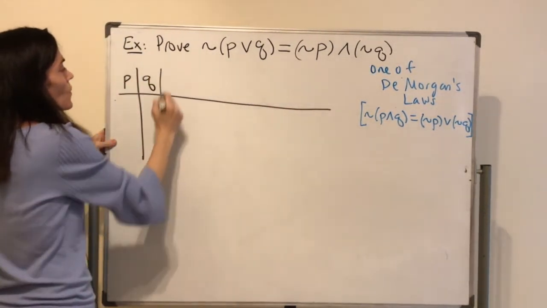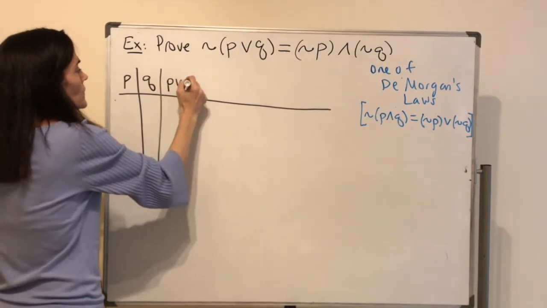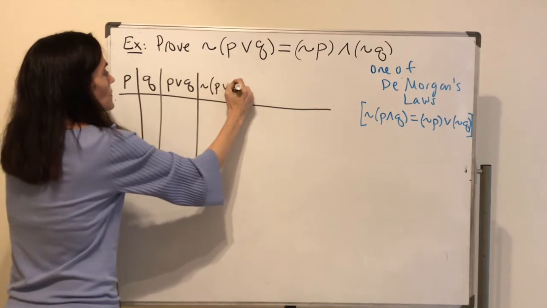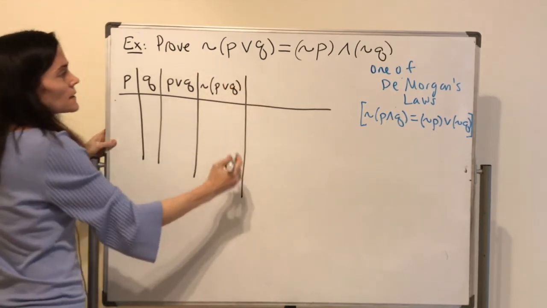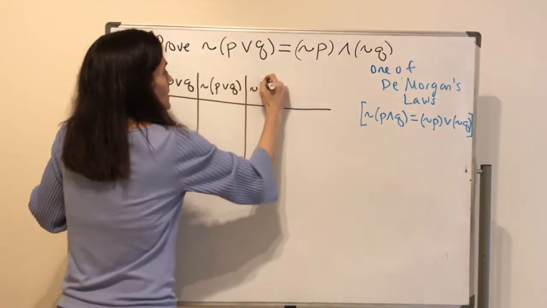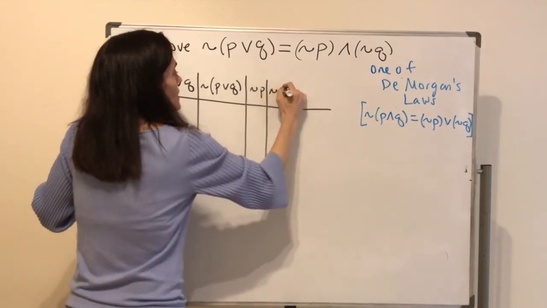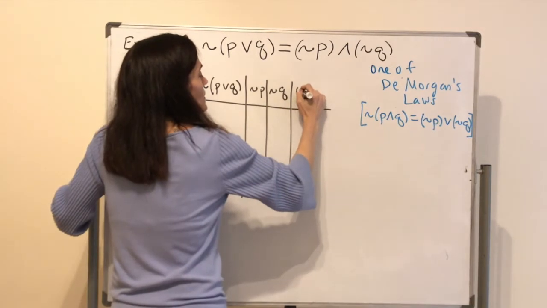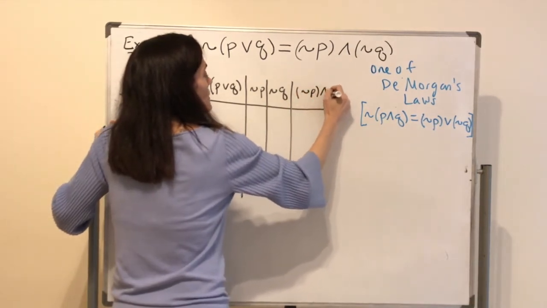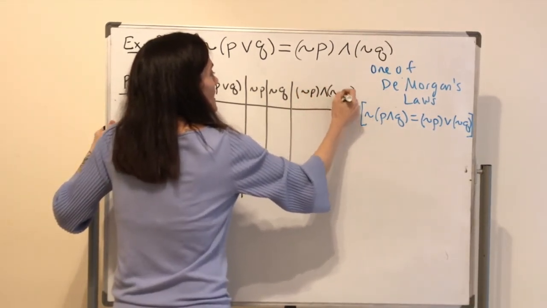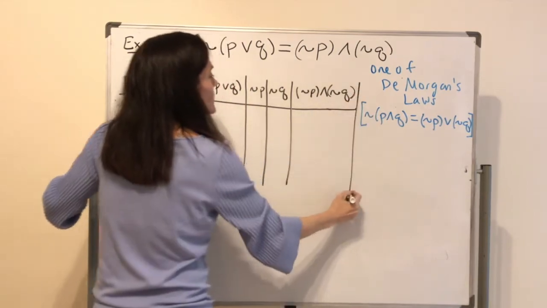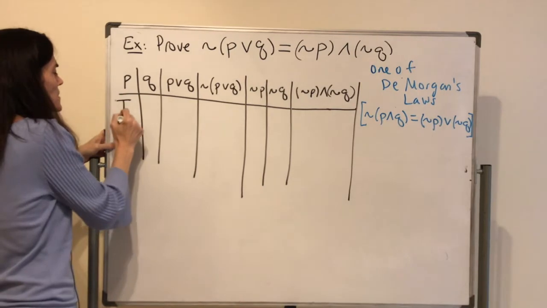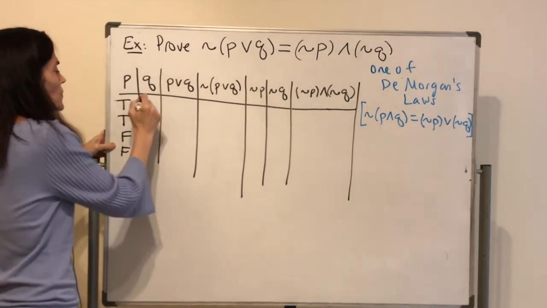I need the or, and then I need not (P or Q). And then I need not P, not Q, and then I am taking an and, not P and not Q. So this will have everything we need in the truth table. And then again, I have these 4 possible inputs.